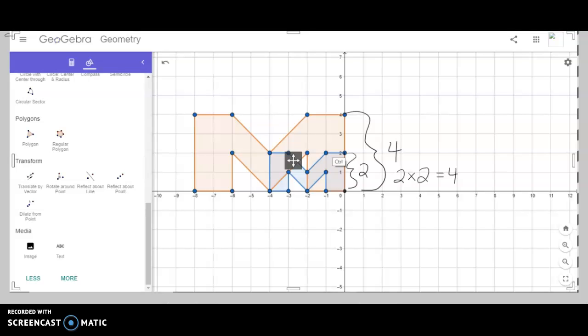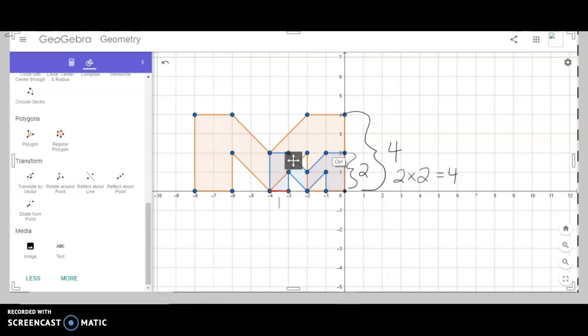on our image. Let's see if that pattern or that property holds for the rest of these distances between points. Let's look at the distance of this segment here. On the pre-image, this is 1.